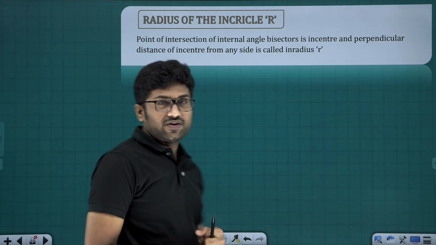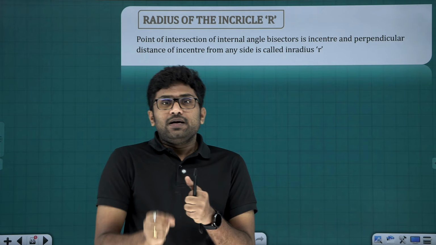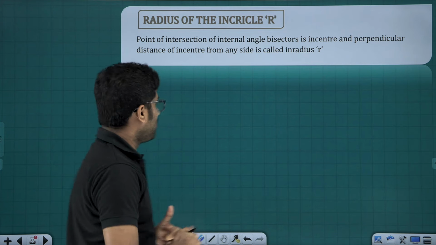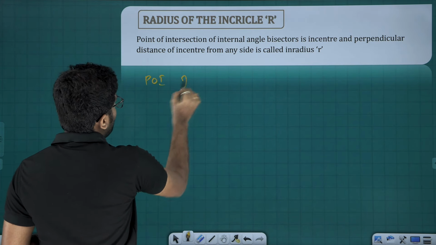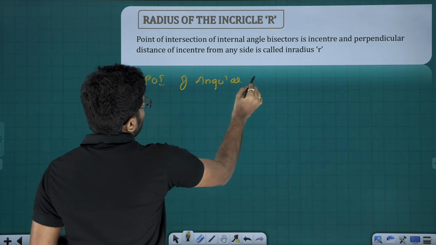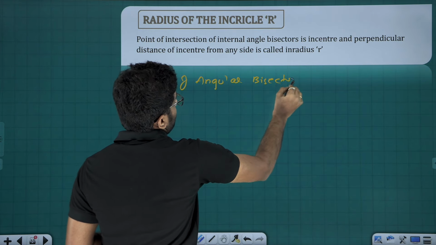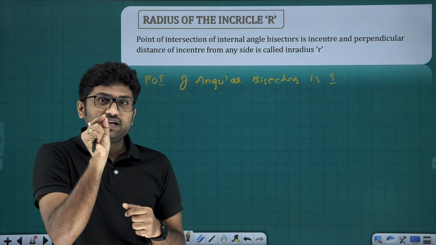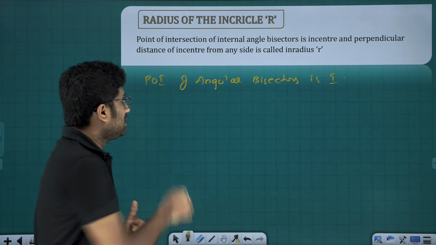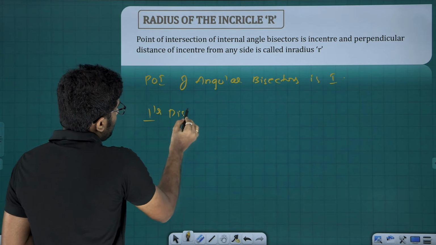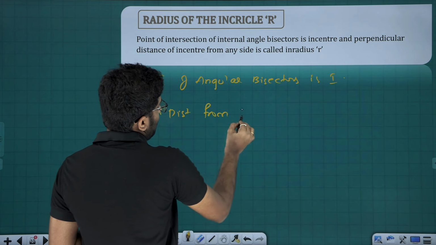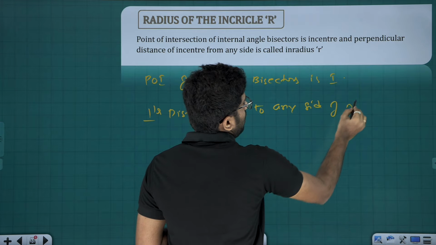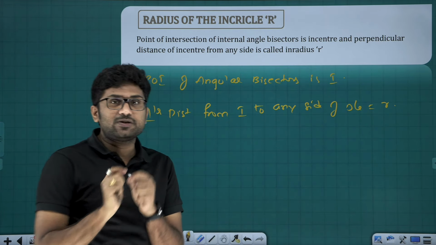Next, radius of the incircle, friends. What is the incircle? First, the point of intersection of angular bisectors is the incenter, capital I. And the perpendicular distance from I to any side of the triangle is called the inradius, which is denoted as small r.